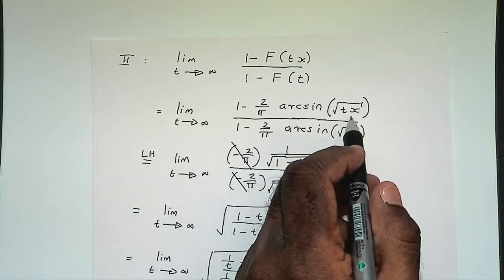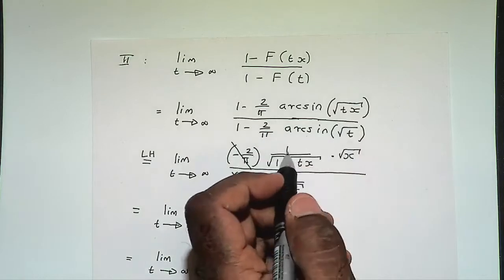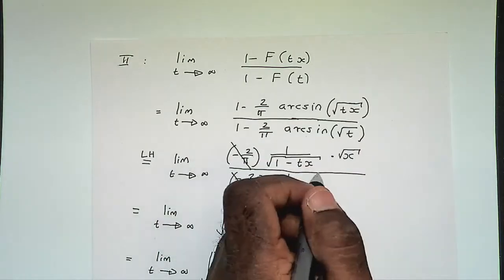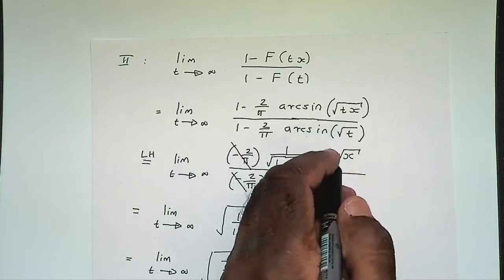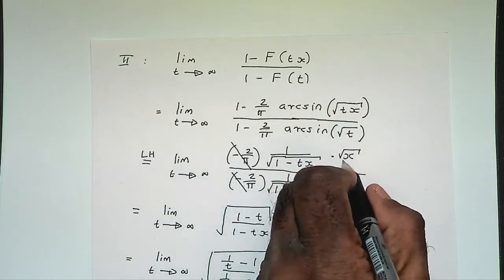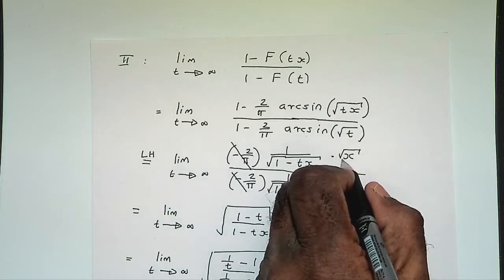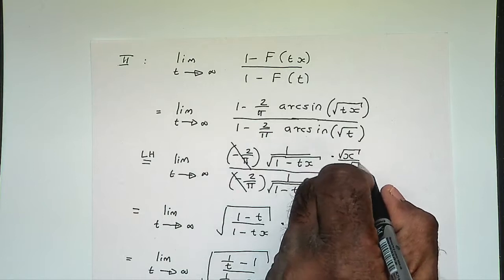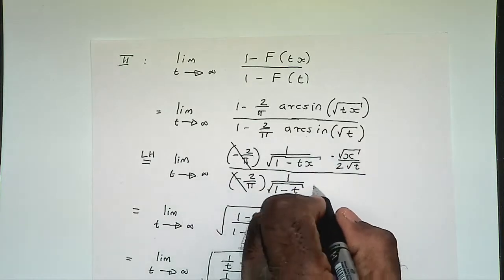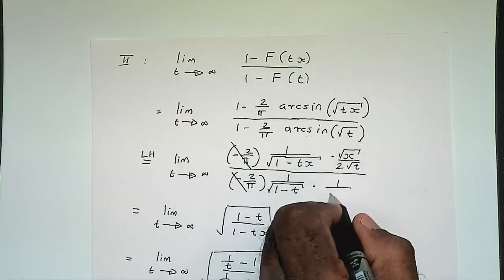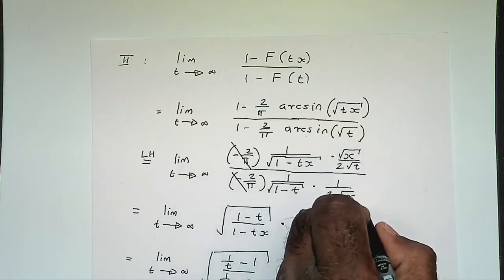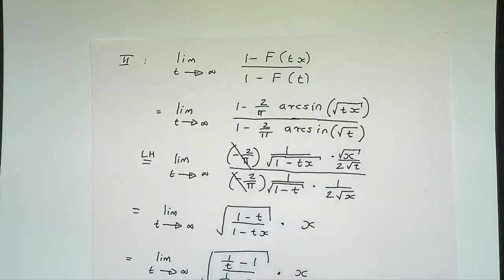So it's root of x times the derivative of this with respect to t, and the same thing here. Is that right now, Rob?